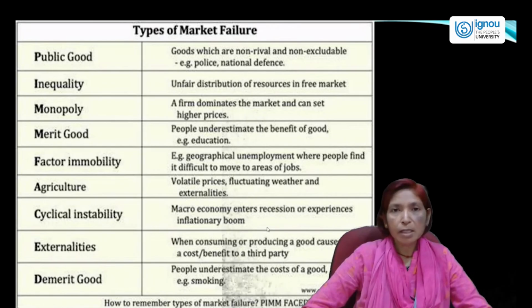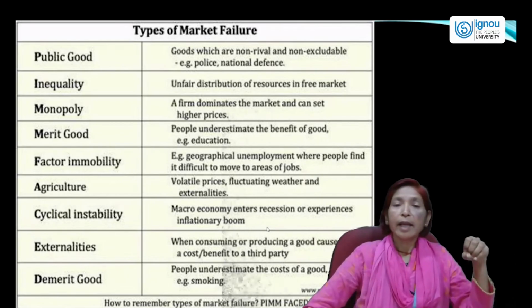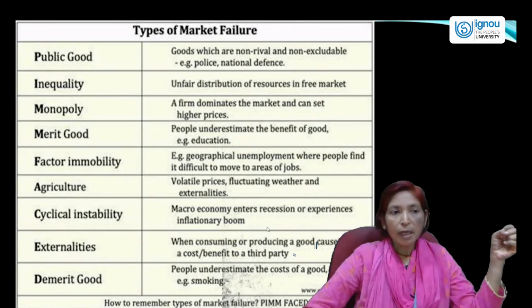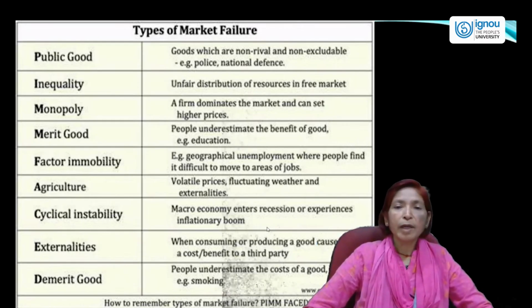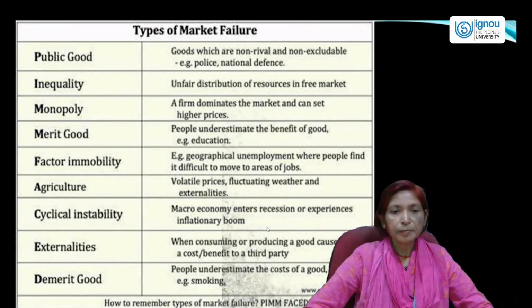Sometimes people migrate from rural to urban areas in search of jobs, but those who do not wish to migrate remain in the area where they are living. They are not able to get any job. In this case, factor immobility exists, and factor immobility is also a main cause of market failure.